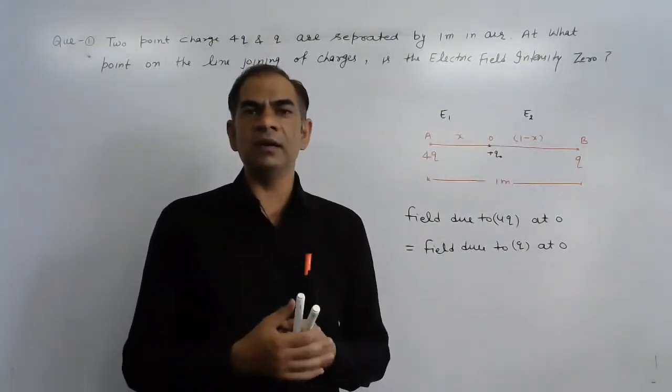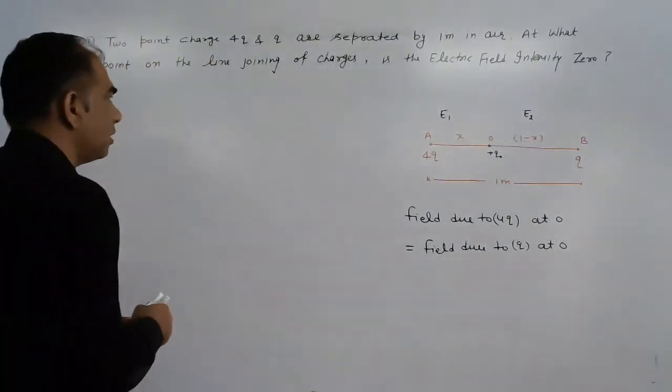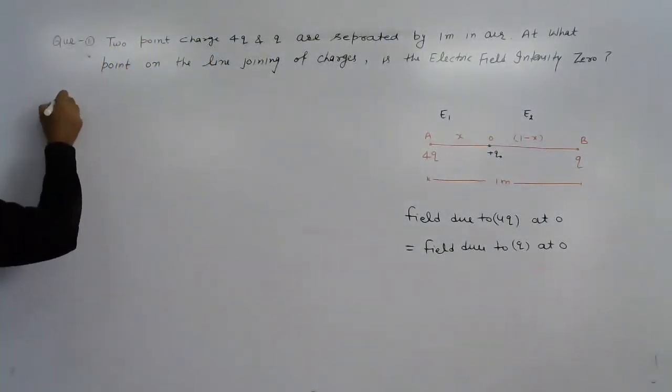This is given. Net field at O is 0, which means E1 must have equal magnitude to E2.